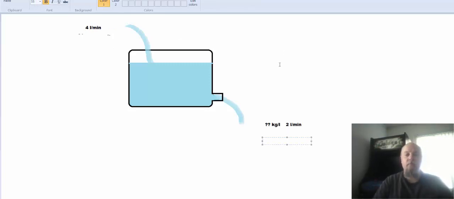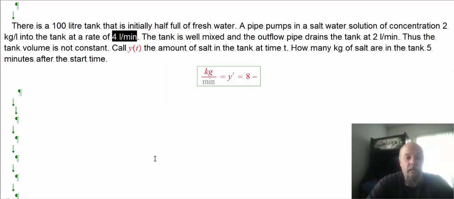So that means the volume must be going up, because every minute I got 4 liters going in and only 2 liters coming out. So the volume of the tank must go up 2 liters every minute. We could even make a formula for that. Let's do that.